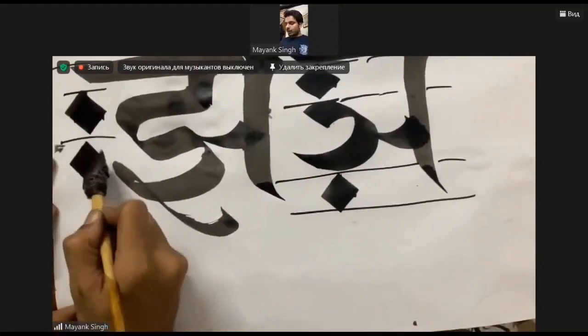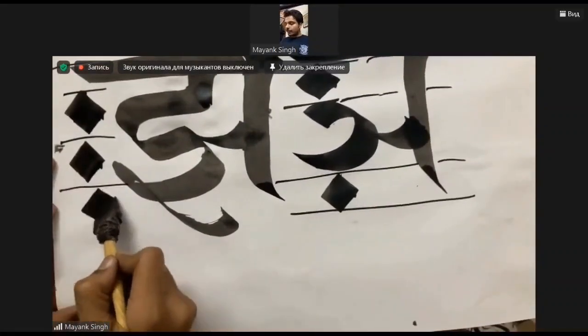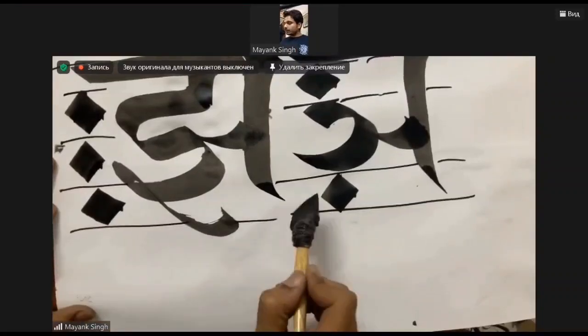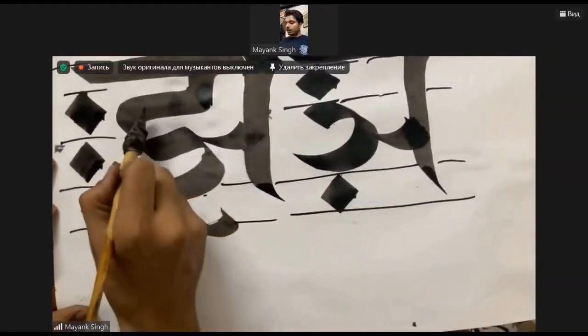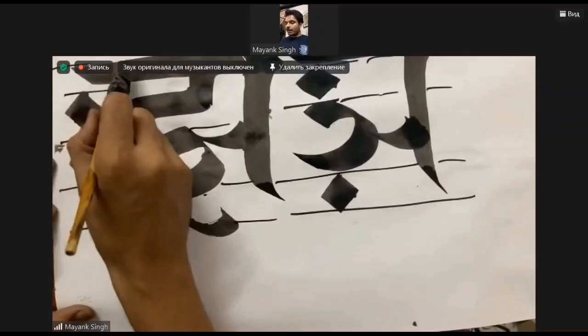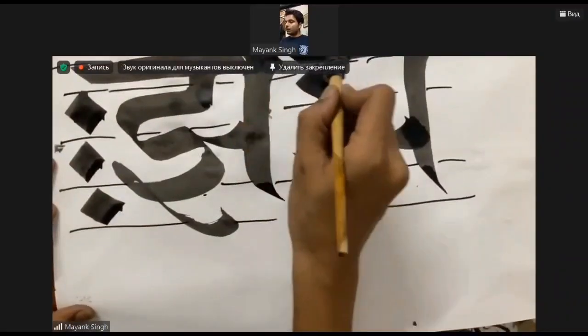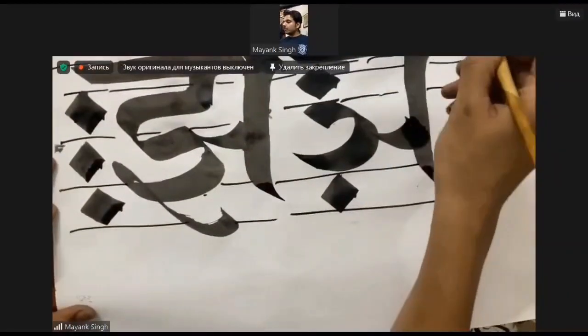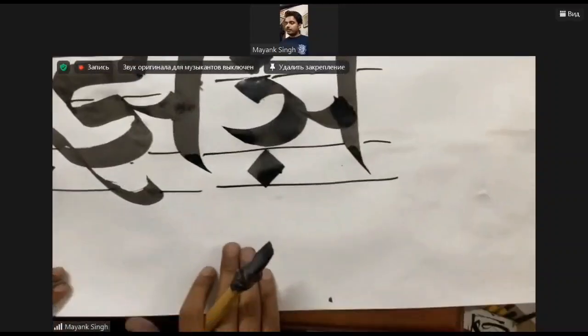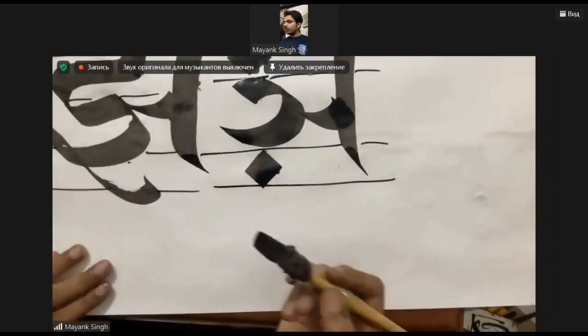That's how you can learn it faster, because it's all about the measurement and the proportions. If the proportions aren't right, then it looks a little messy.